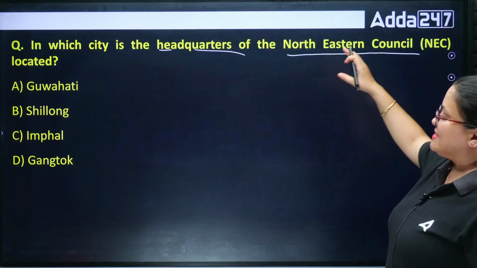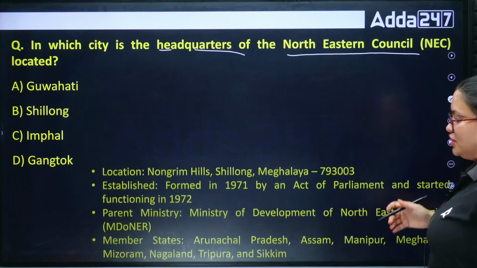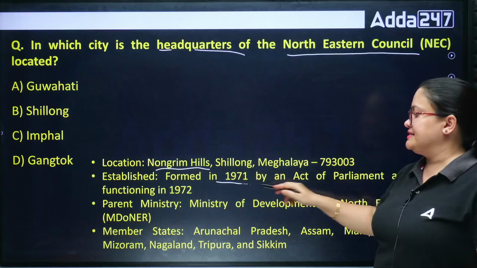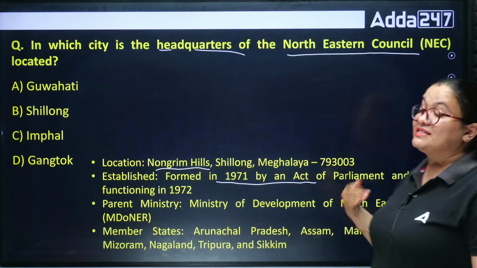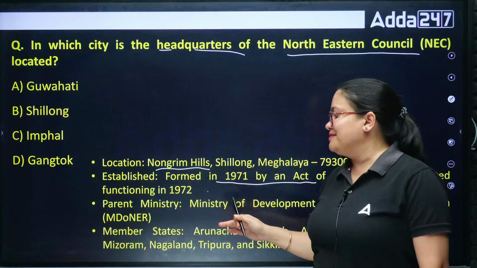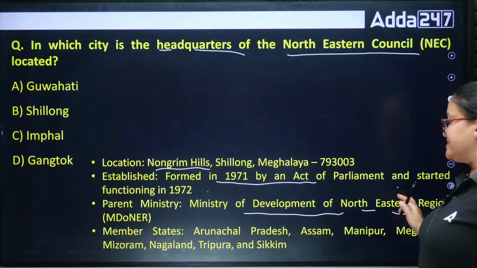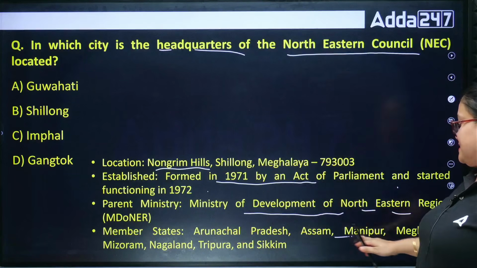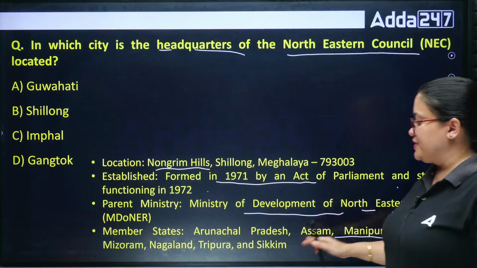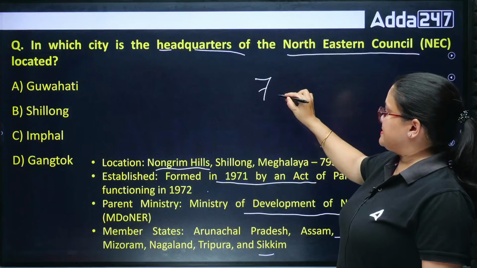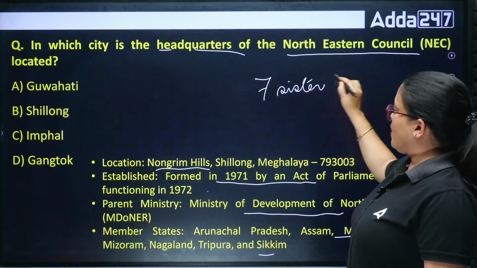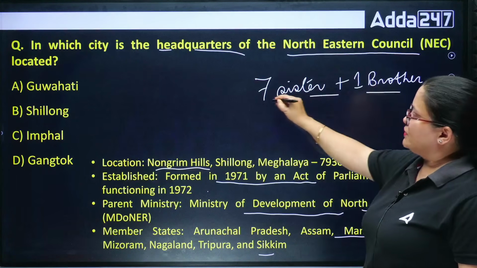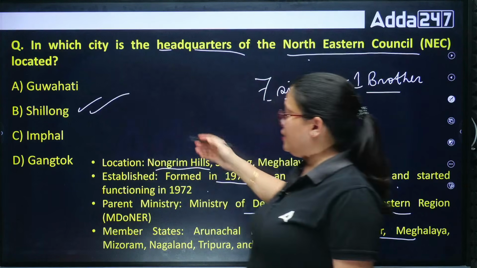It is located at Shillong, Nongrim Hills, and it was established in 1971 by an Act of Parliament, and started functioning in 1972. The parent ministry is the Ministry of Development of Northeastern Region, which we say as MDONER. Member states: Arunachal Pradesh, Assam, Manipur, Meghalaya, Mizoram, Nagaland, Tripura and Sikkim. That means 7 sister states plus 1 brother state. So the main states are these, and the headquarters is located at Shillong at Nongrim Hill.